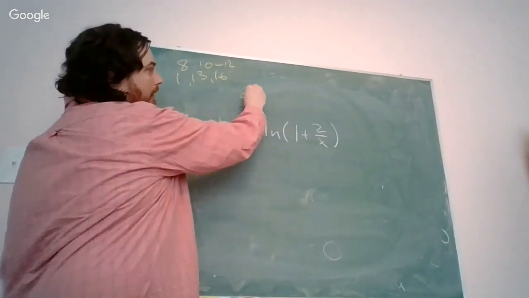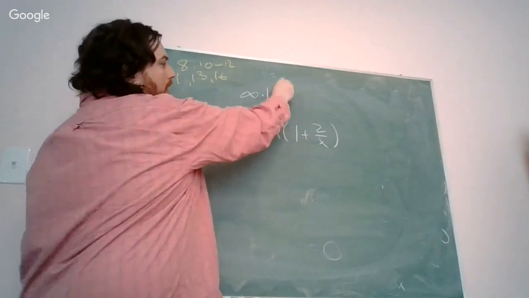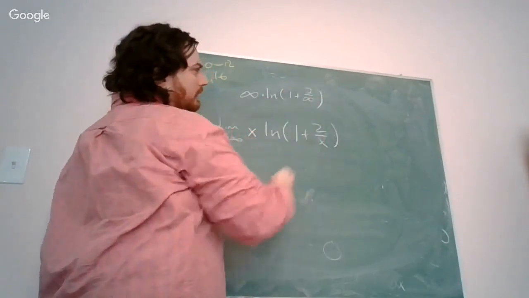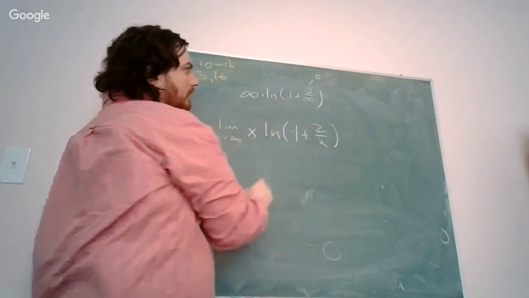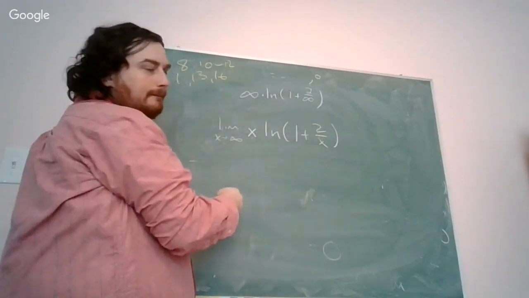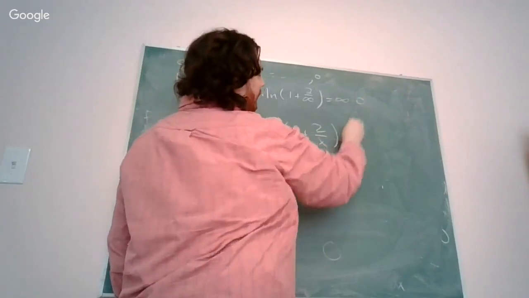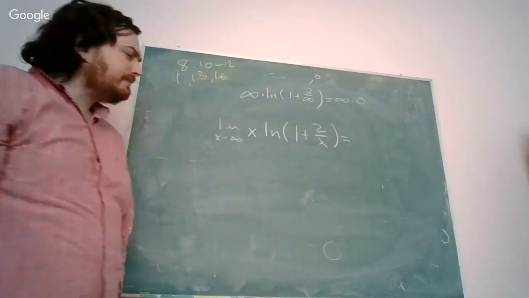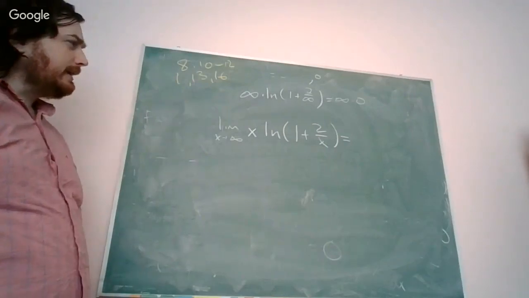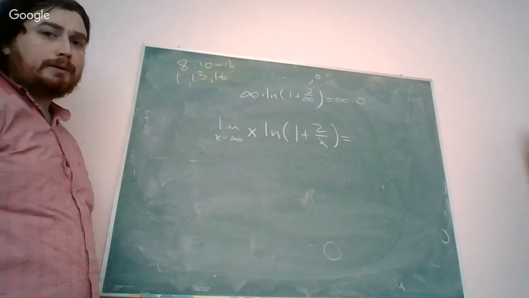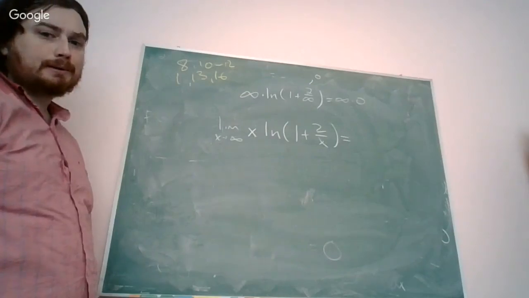So we get infinity times natural log of 1 plus 2 over infinity. So this looks like 0, so this looks like natural log of 1, and natural log of 1 looks like 0. So we get infinity times 0. Infinity times 0 is an indeterminate form, but we can't use L'Hopital's rule because it's not a quotient.